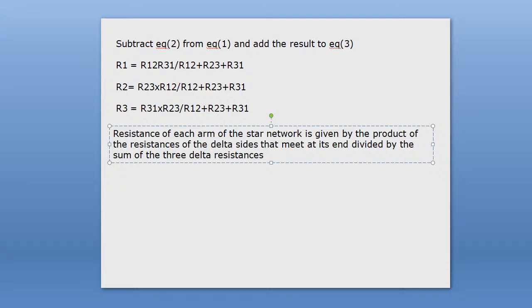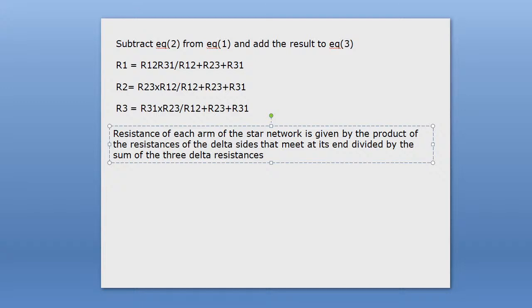So if anyone has any doubt, you can ask me regarding the conversion of a delta network into a star network. Okay, in the similar way we can convert a star network into a delta network.